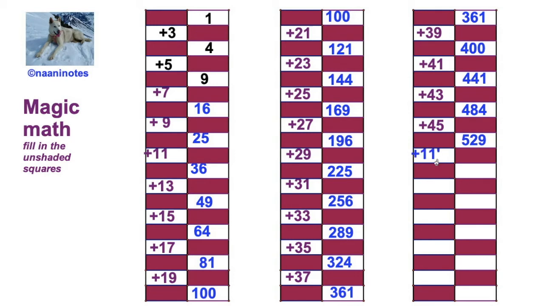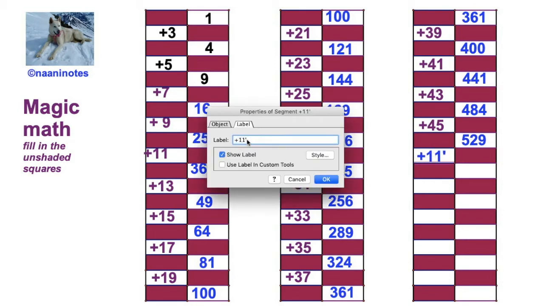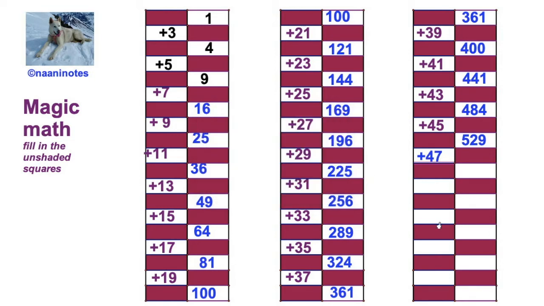Oh, that's terrible. That should be... What should that be? 47. Let's add 47. I must have messed that one up. Sorry about that, everybody. And even got the color wrong. And that's going to be 576. Okay, well, we can bounce back from this. Oh, doggone it. I hit the wrong thing.